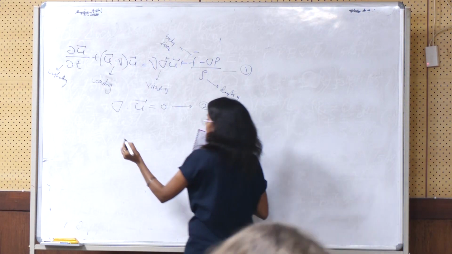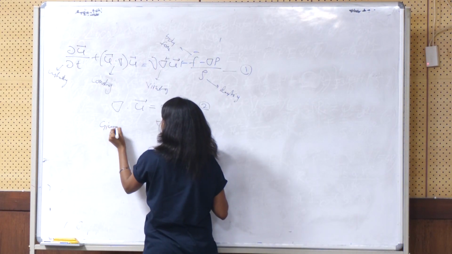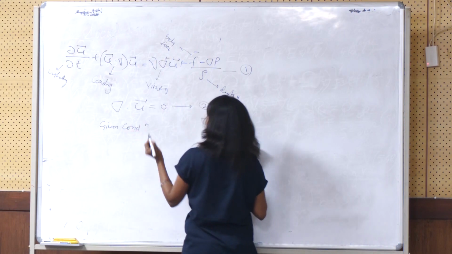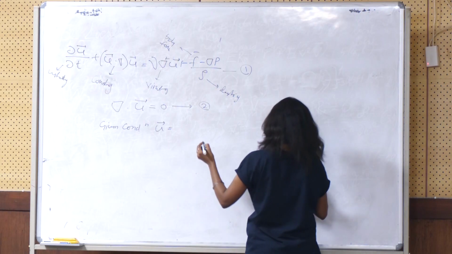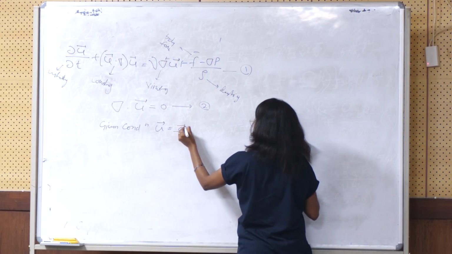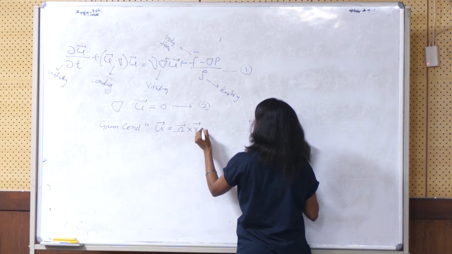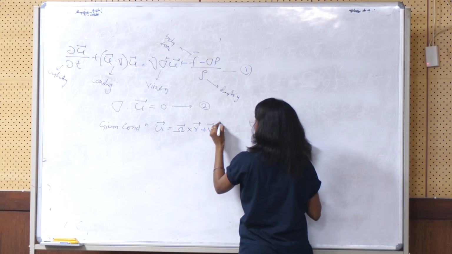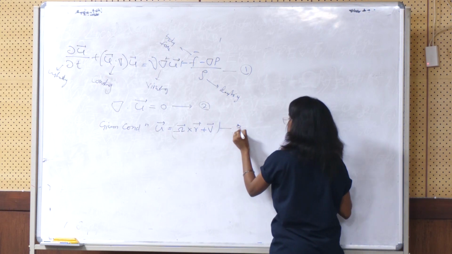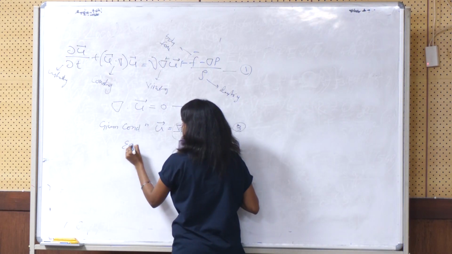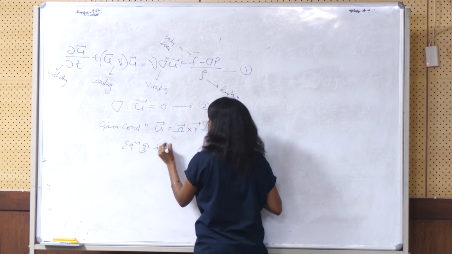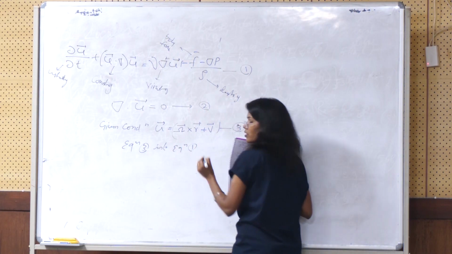Now the given condition is U bar equal to omega cross R plus V bar. This is equation 3. Now I am substituting equation 3 into equation 1.